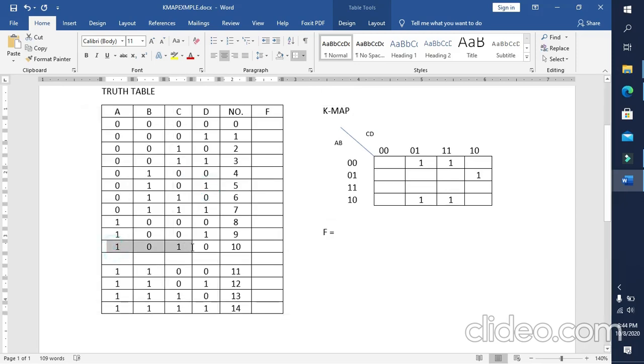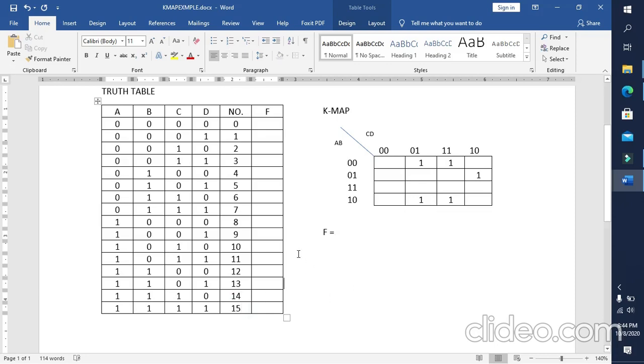This is 1, 1. This is 11. This is 12. This is 13. This is 14. And this is 15. So, tama na lahat.